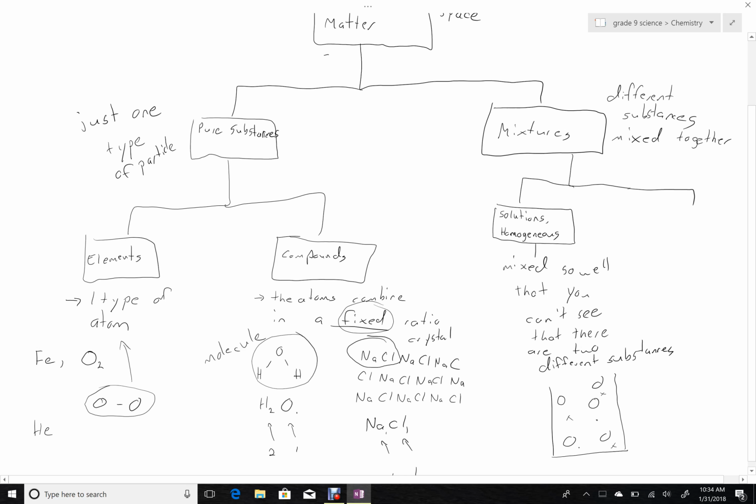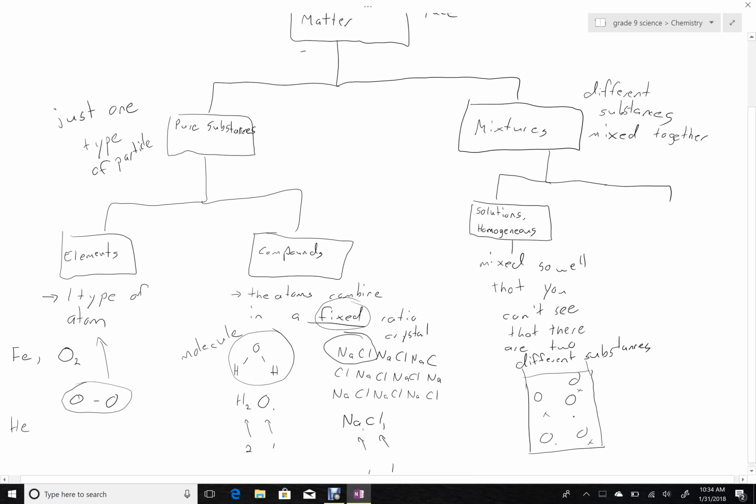And they mix up so well, and atoms are so small that we can't see individual atoms. And so since they don't separate out into phases, when we look at this, all we see is the glass of water. We don't see the individual little particles, which are dispersed throughout the entire mixture.